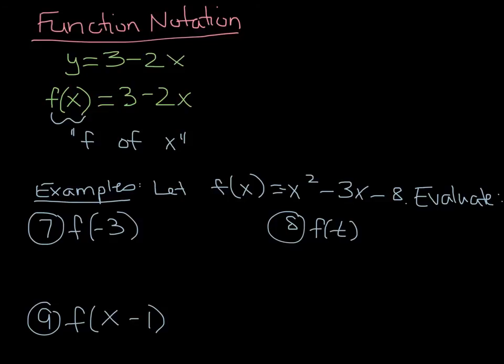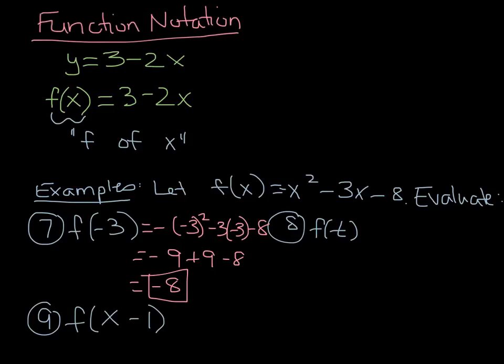And we want to evaluate a few things. So for number 7, what we're going to do is we're going to take our original equation, and everywhere that we see an x, we're going to substitute in negative 3. So we end up getting negative 9 plus 9 minus 8, which is just going to give us negative 8.